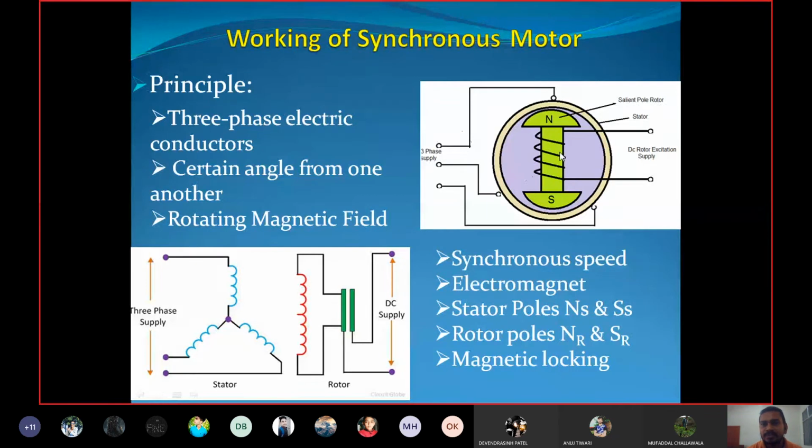So now this becomes the north pole of rotor and this becomes the south pole of rotor. So stator poles are NS and SS, rotor poles are NR and SR. This is the north pole of rotor and this is the south pole of rotor. Likewise in stator, this is the north pole of stator and this is the south pole of stator.